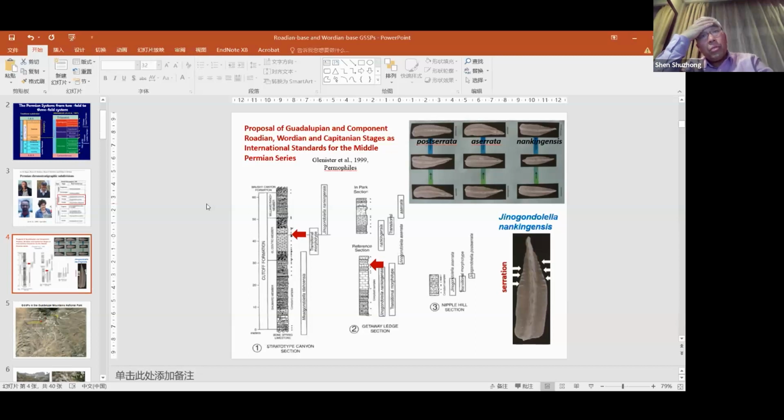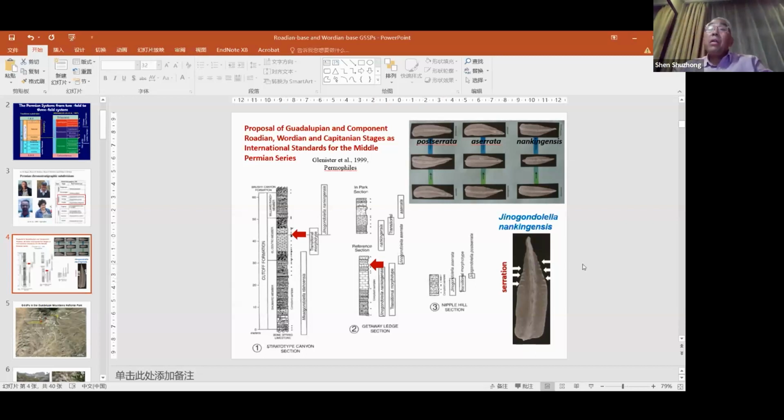They also designated three type sections. The base Roadian was designated at the Stratotype Canyon section, the base Wordian GSSP was designated at the Getaway Ledge section, and the base Capitanian GSSP was designated at Nipple Hill.